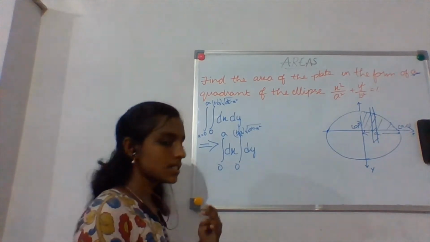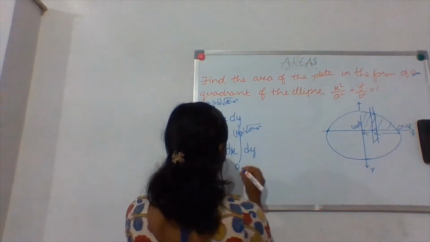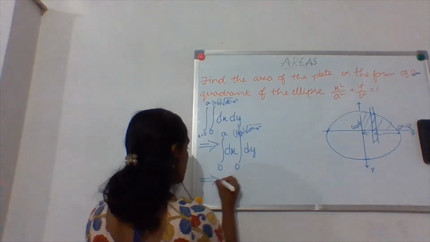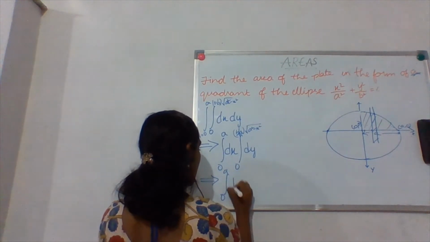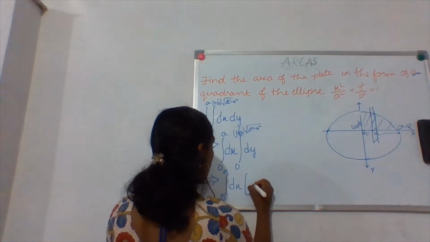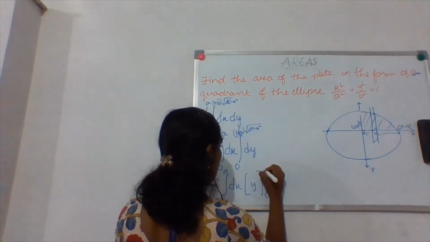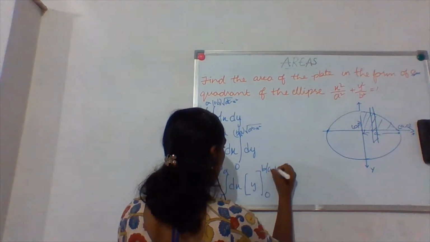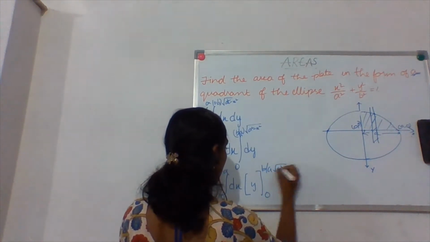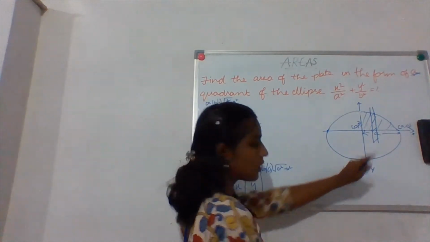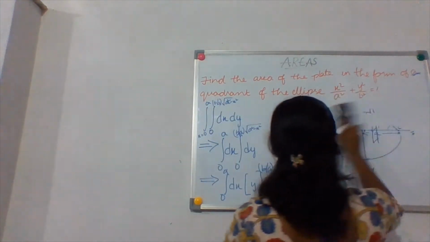Okay, that is it. So now what would be this integration? This implies integral 0 to a dx into y from 0 to b by a root of a square minus x square. Okay. Yes. So now I am going to erase this diagram.